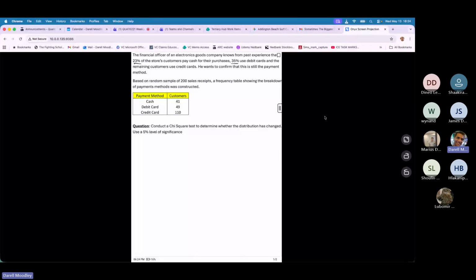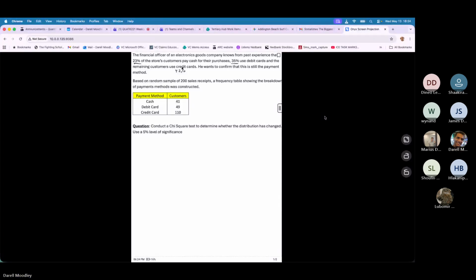Remember, the percentages have to add up to 100%, which is why you would be left with 42% paying by credit card. So that's the percentage of clients that pay by different payment methods.